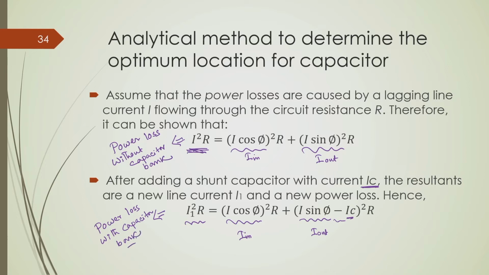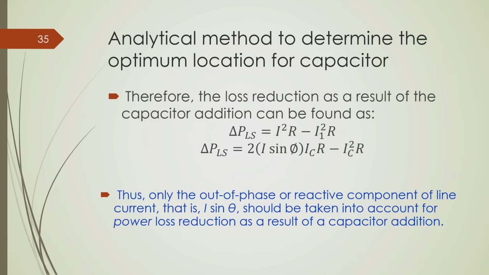Now, if we take the difference of these two, one is the power loss when there was no capacitor bank, and the other is the power loss when we have a capacitor bank installed, and suppose this difference is represented by del P_LS, representing the loss reduction due to this capacitor placement.